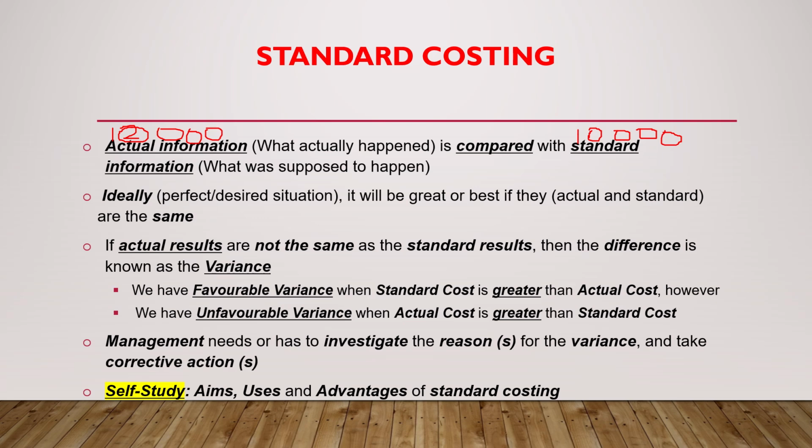Now they say if actual results are not the same as the standard results, then the difference is known as the variance. If when you compare the standard information, which is planning, with the actual, they are not the same, the difference is called the variance.